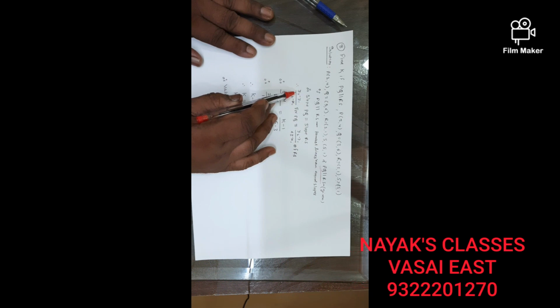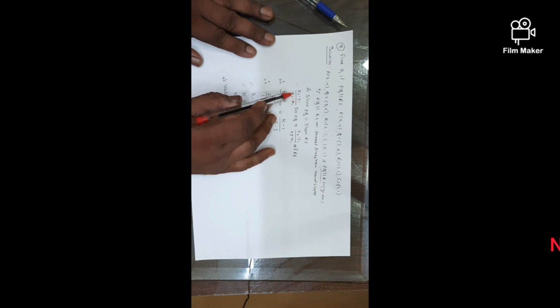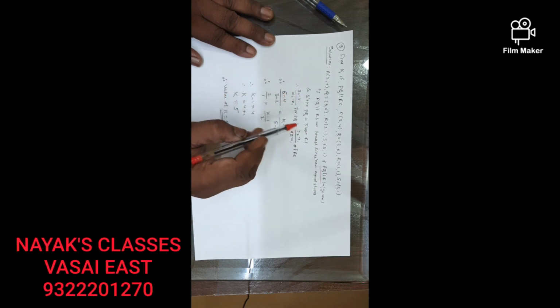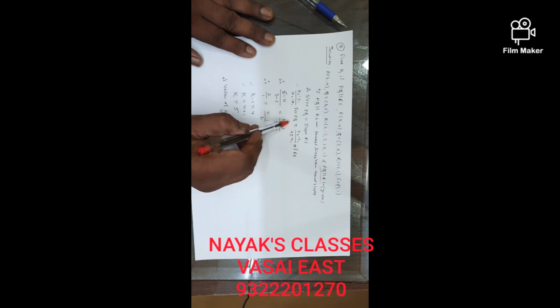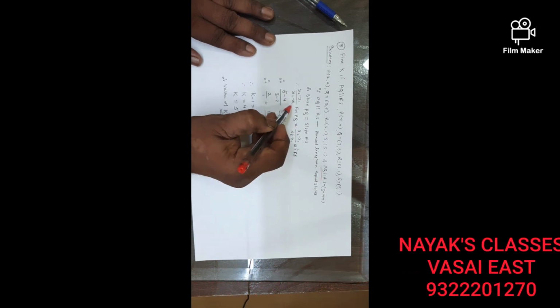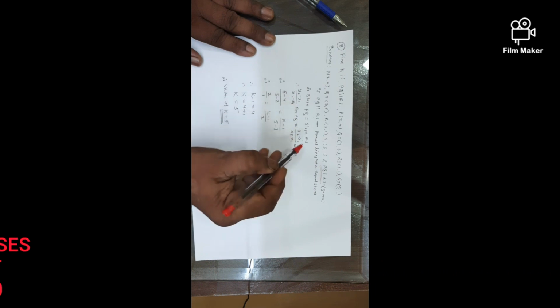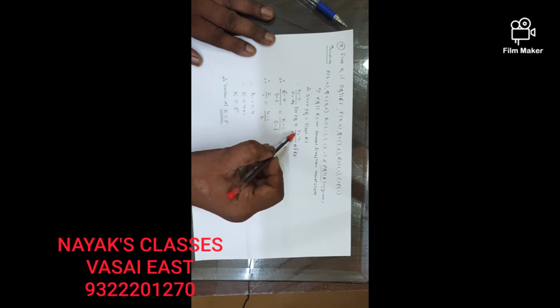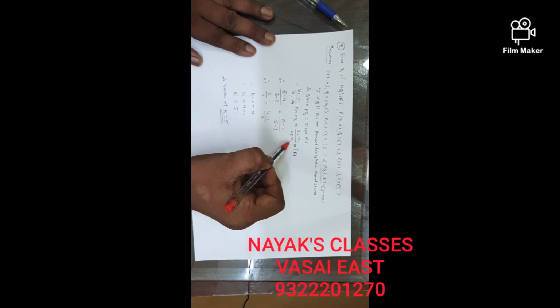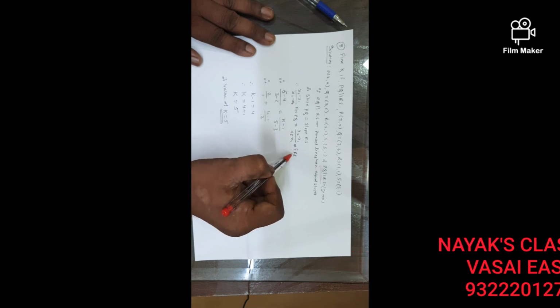So, the formula of slope is y2 minus y1 upon x2 minus x1 for PQ, and y2 minus y1 upon x2 minus x1 for RS.